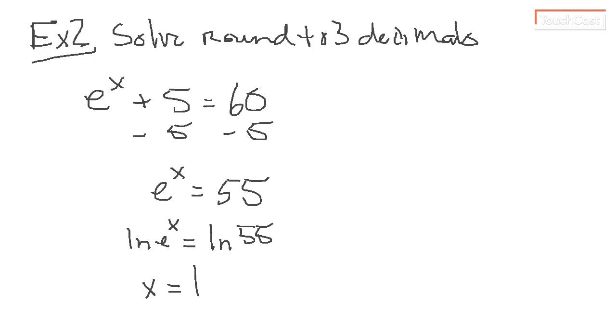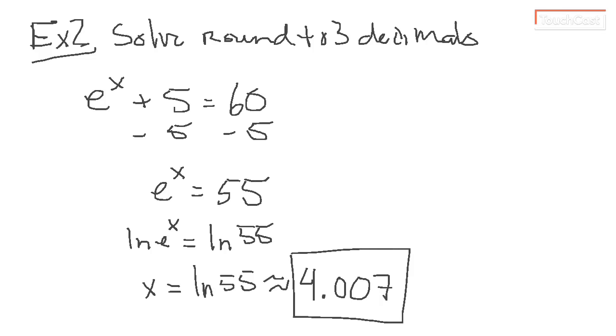So x is going to equal the natural log of 55, which if we round that, type it into our calculator and round it, we're going to get about 4.007. And we're done with example 2. Pretty nice so far. Let's look at another example, example 3.